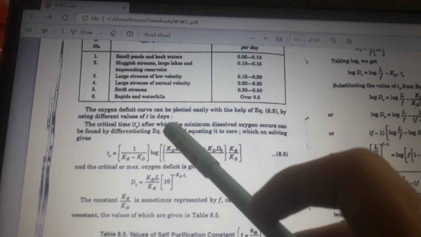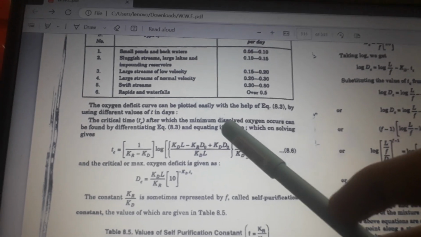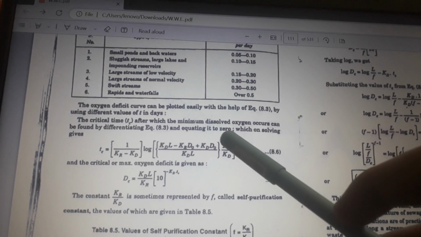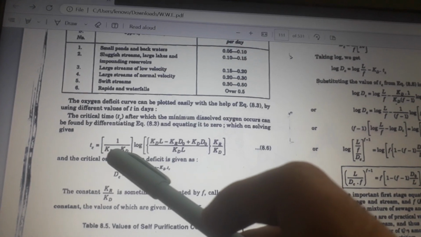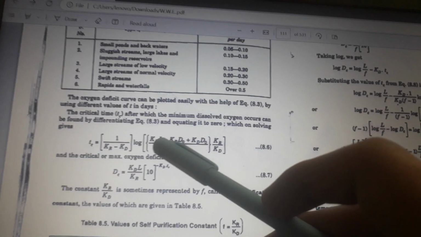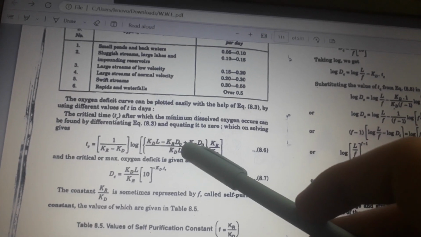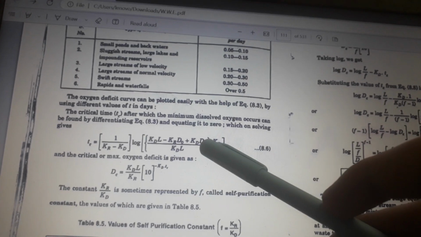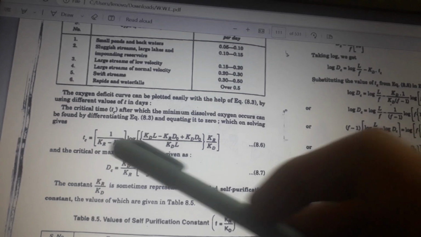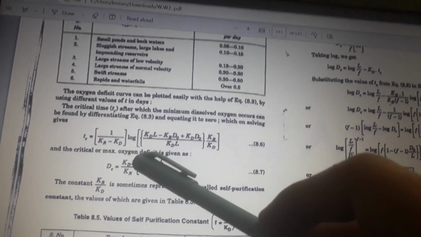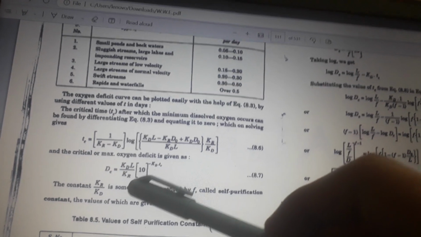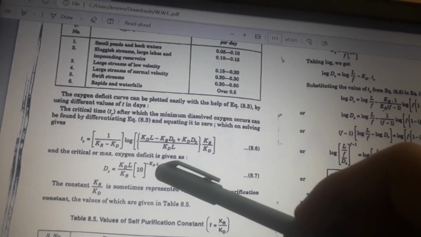The critical time Tc after which minimum dissolved oxygen occurs can be found by differentiating equation 8.3 and equating it to 0, which on solving gives Tc is equal to 1 over Kr minus Kd into log of whole Kd L minus Kr d naught plus Kd d naught over Kd L into Kr over Kd, and the critical or maximum oxygen deficit is given as dC is equal to Kd L over Kr into 10 raised to minus Kd into Tc.